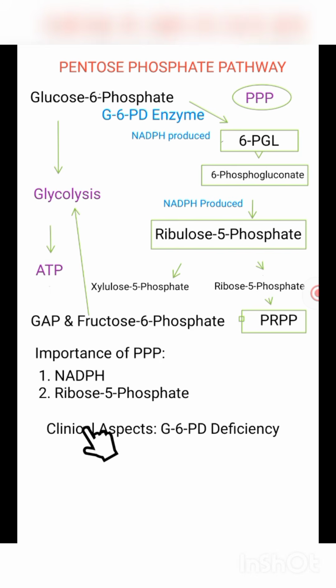Apart from that, you see that ribose 5-phosphate may not be formed if there is a deficiency of glyceraldehyde 3-phosphate. However, in conclusion, I want you to know that the deficiency of glucose 6-phosphate dehydrogenase actually plays a critical role. Most of the people that are deficient in this enzyme have partial protection against malaria, and you know your guess is as good as mine.